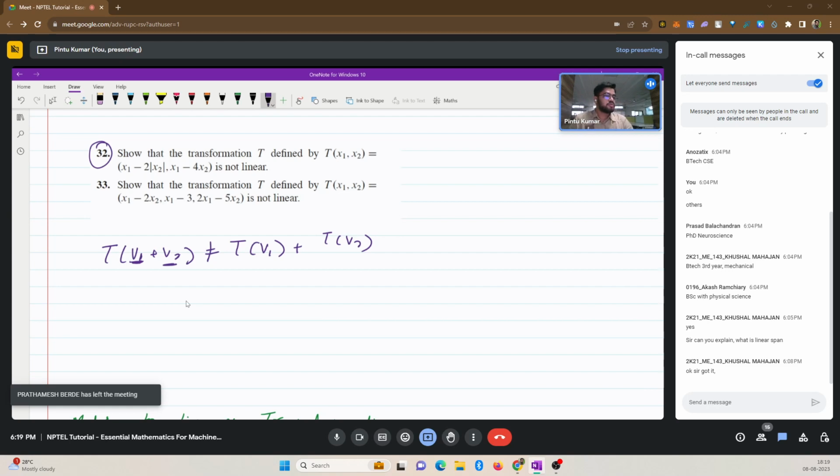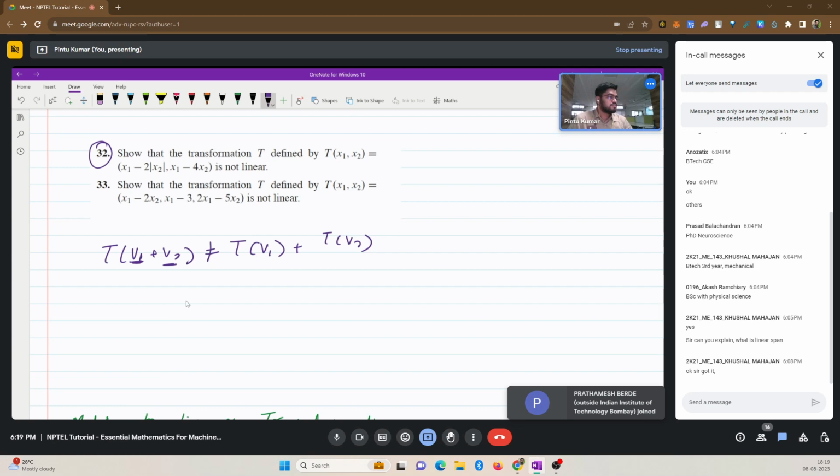I'll wait for 2-3 minutes so that you can try. I want values of v1 and v2 using which we can prove that this particular transformation given to us is not a linear transformation.